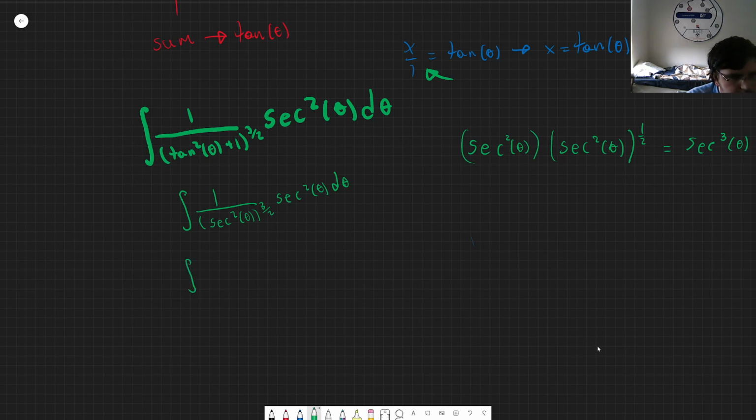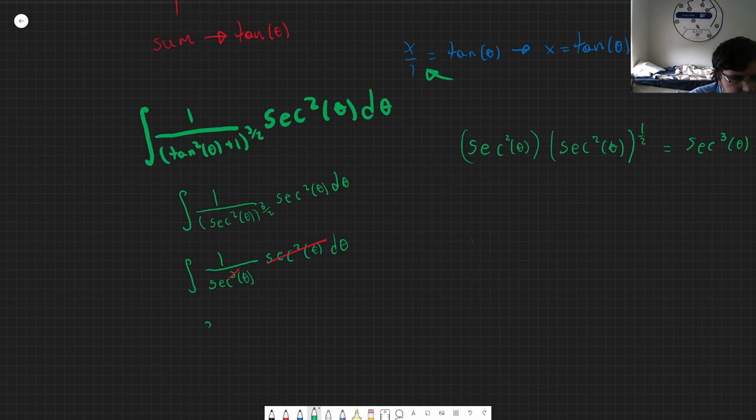So let's rewrite this: secant cubed theta, secant squared theta, d theta. And we can actually cancel out the secant squared and this cubed. So boop, boop.